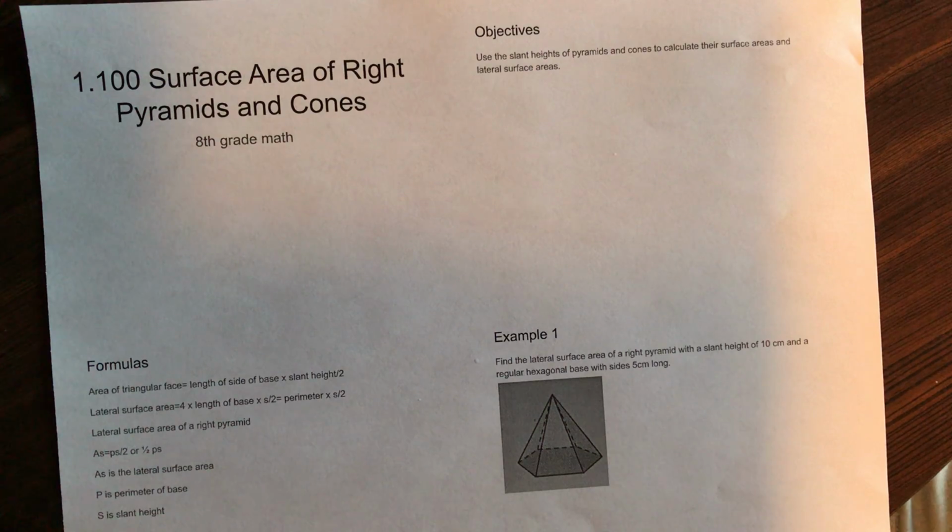Okay. Moving on. Formulas: area of a triangle face, length of the side of a base times the slant height divided by 2. Then you have lateral surface area equals 4 times the length of the base times s over 2.